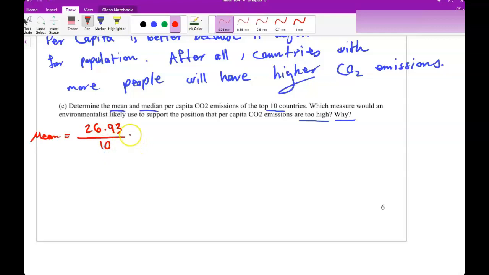And divide by 10, so it's 2.693, and it's in 1,000 metric tons. So this is the answer for mean.